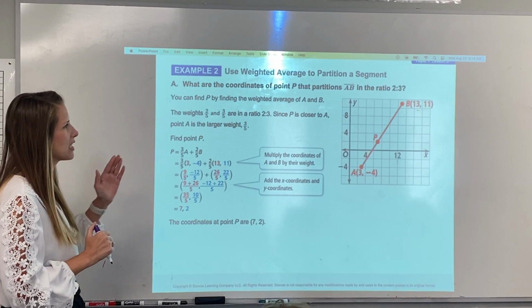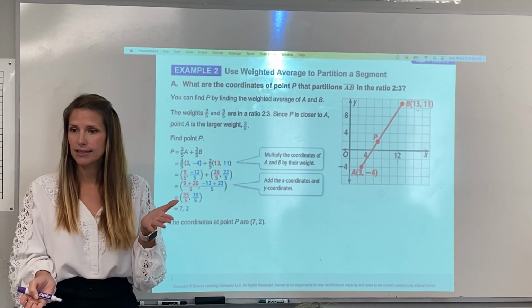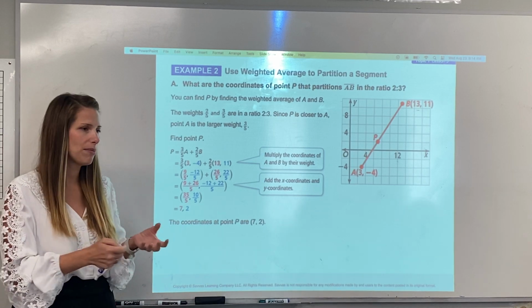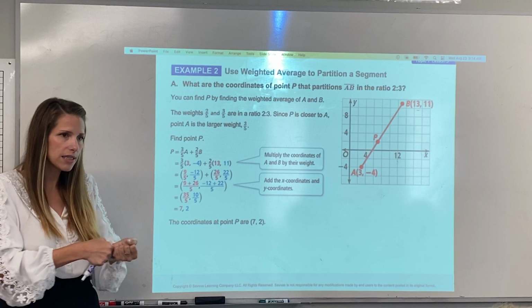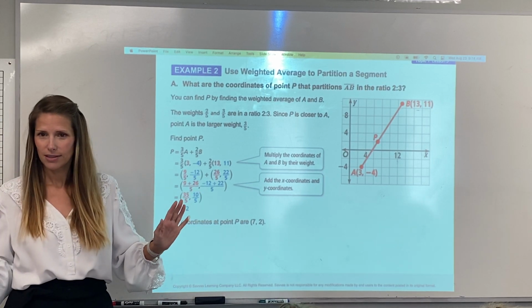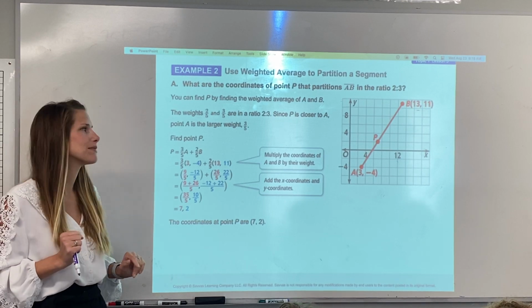So it's giving us a ratio of 2 to 3, which means it's not balanced. The weights are not balanced. Remember we talked yesterday about that tug of war? So we're in a tug of war again. And as somebody requested yesterday, we can call them teams.